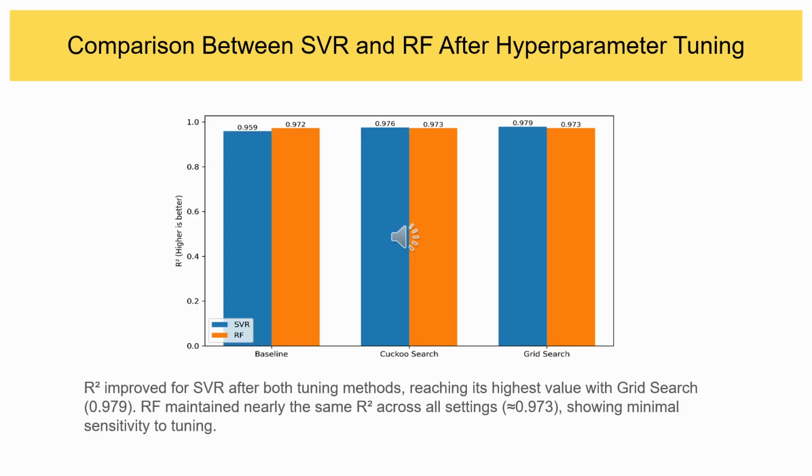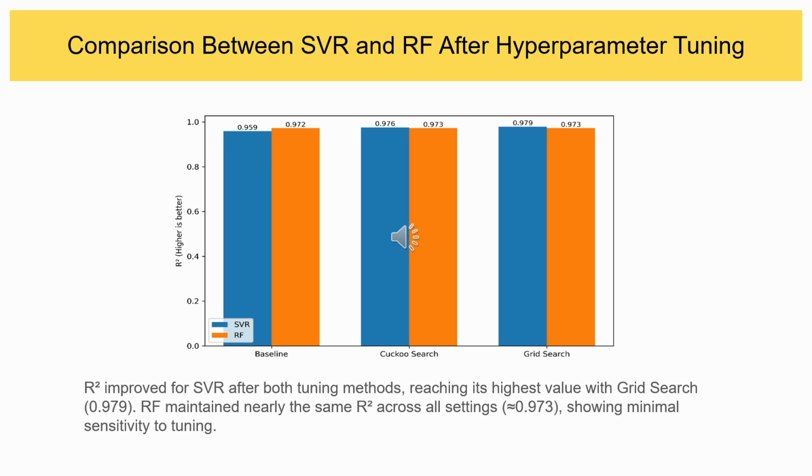As we see in this chart, the SVR and RF after hyperparameter tuning, in the baseline, both of them without tuning, R square for SVR is 0.959, for RF is 0.972. But with Cuckoo search, R square for SVR is 0.976, RF is 0.973.